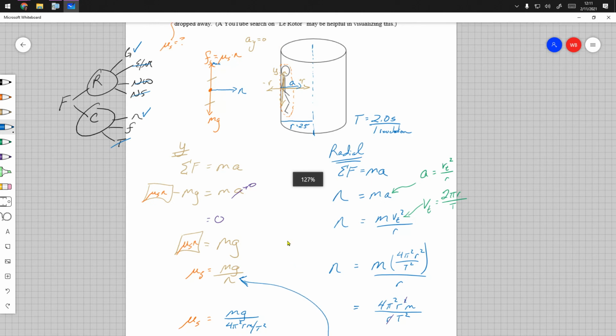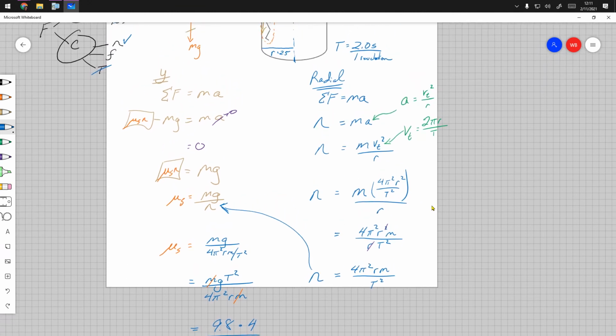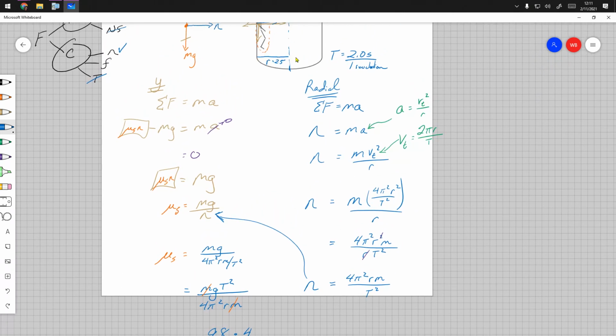Notice that it is dependent on how fast this ride is rotating there, and that's why you're standing on the ground at the beginning for a specific reason. If you were going slower, if you rotate this ride slower, the T would be larger. It would take longer to go around. If it would take longer to go around, the bigger number in the denominator there would make this smaller.